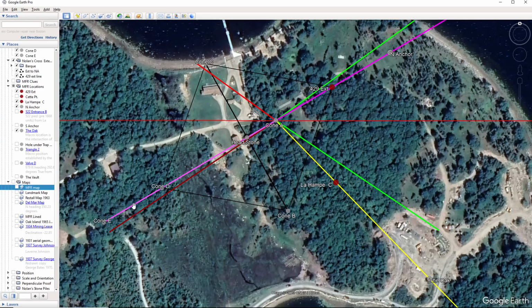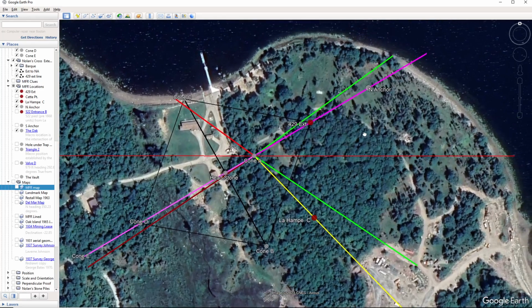It does not align with Nolans Cross. So the summer sunset is up here, and it sort of goes close to cone C, but not really. So really all we're talking about here is the summer solstice sunrise and the winter solstice sunrise.